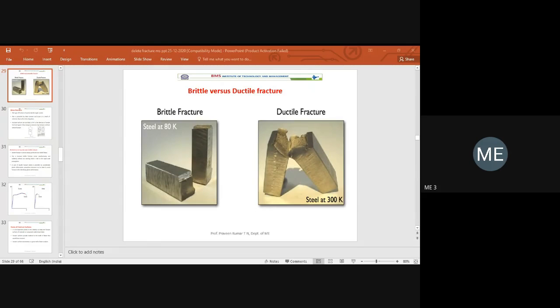Simple calculation. To purchase one banana, that will be 1 rupee. To purchase two bananas, how much amount is required? 2 rupees. In a similar way, to generate one surface, the amount of energy required is gamma s. To generate two surfaces, the amount of energy required is 2 gamma s. Same thing is shown here.